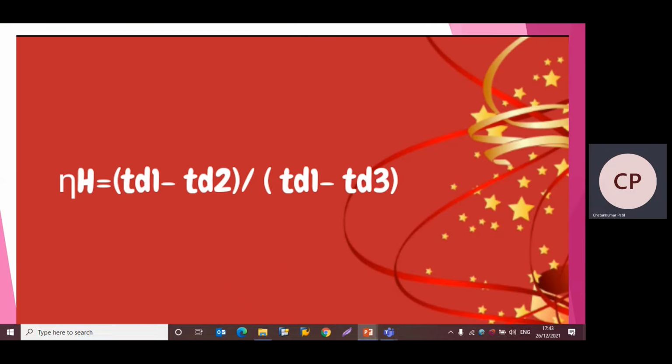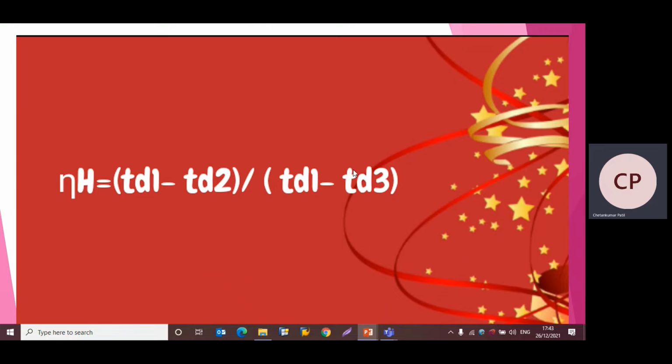So what is the formula for the humidifying efficiency? Eta H is equal to TD1 minus TD2 divided by TD1 minus TD3. Now if we observe, eta H is given in the problem, and TD1, the dry bulb temperature at point 1, is also known. Here TD2, the dry bulb temperature of air leaving the air washer, we don't know.